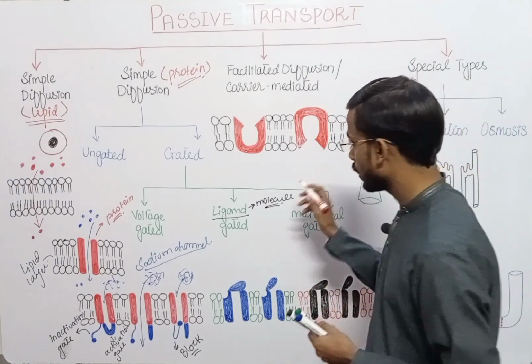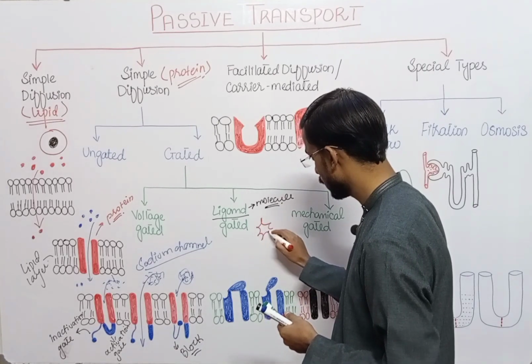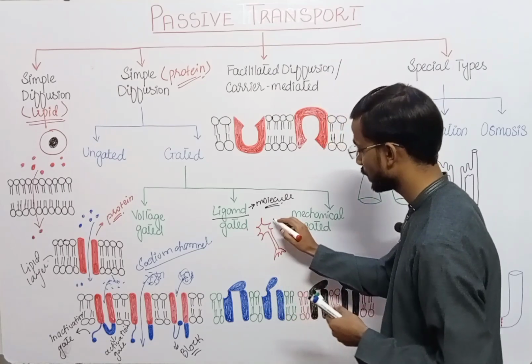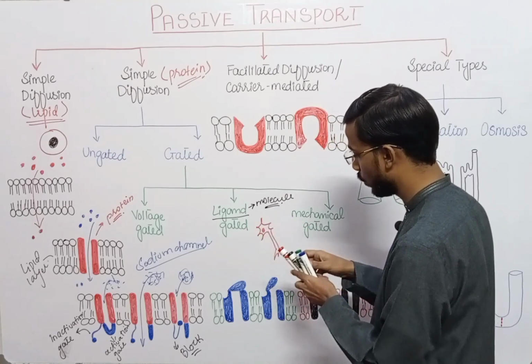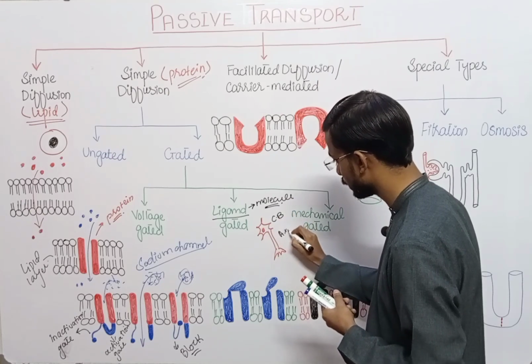Here if we talk about the neuron, here is the neuron and this is the axon. This is the cell body and this is the axon.